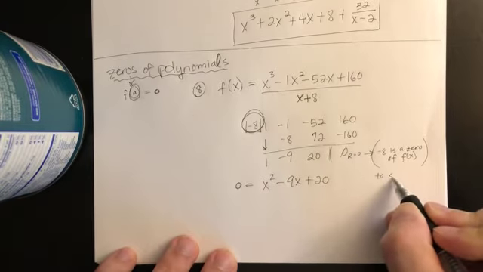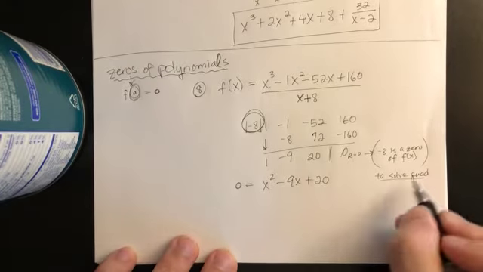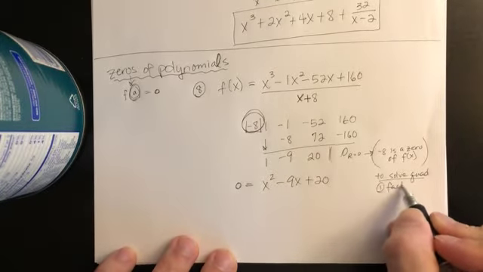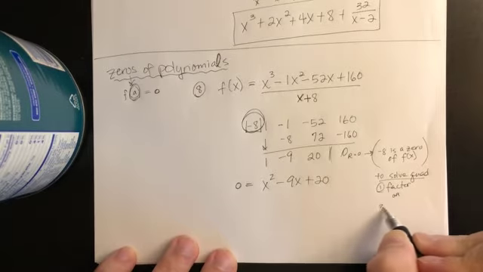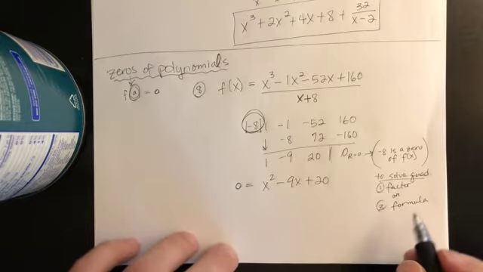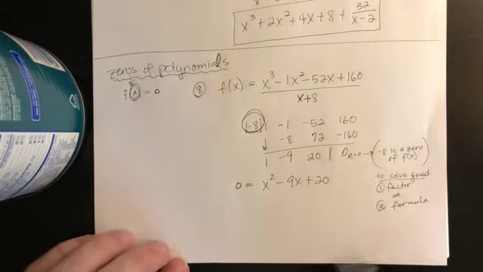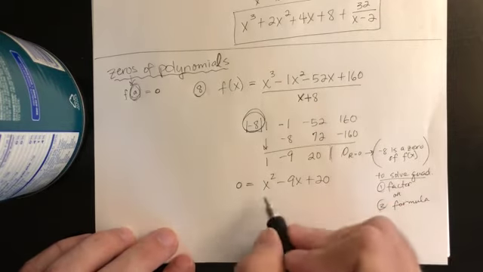So just a review, to solve a quadratic equation, we either factor or we use the formula. You remember x is equal to -b plus or minus square root b squared minus 4ac all over 2a. That is the formula. Now we don't have to use that here because this actually factors.